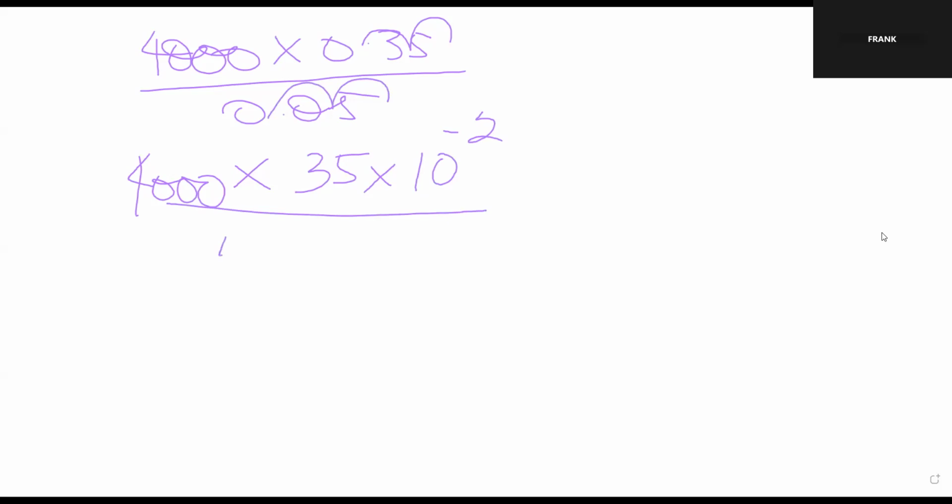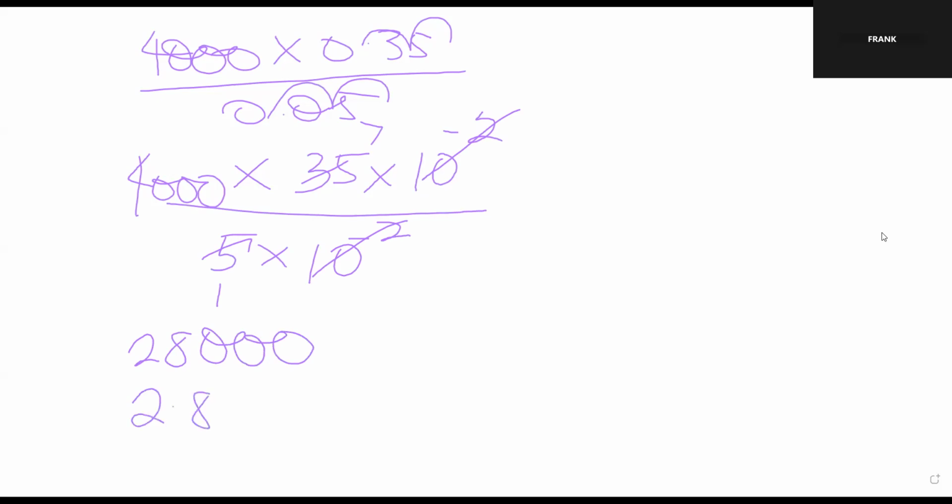Then 5 also with 10 exponent negative 2. Now you should be smart enough here: any number by itself divides through and gives you 1, so I can take off this. Then 5 here 1, 5 here 7. Same 28,000. Same 2.8 times 10 exponent 4. And that ends that particular aspect too.